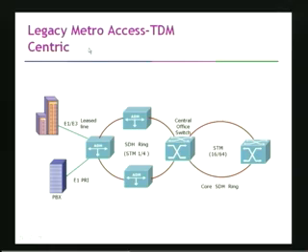So, this was typically a legacy view of the metro access architectures. You had these SDH rings deployed over the city-wide networks, and then you drop E1 and E3 lines and provide broadband access to the enterprise customers.